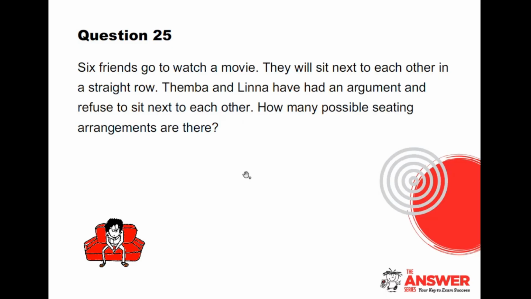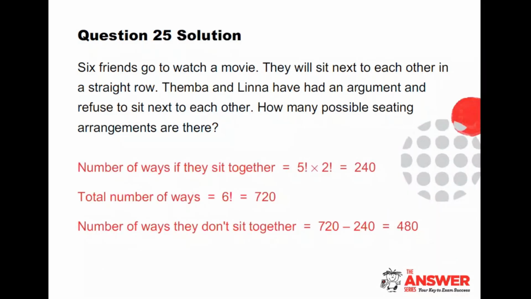Okay, it would be pretty impossible to try and work out how many arrangements if they flatly refuse to sit next to each other. So what we do is we work out how many ways they can sit next to each other and subtract it from the number of ways they can all sit at random. So the number of ways if they sit together: you think of Temba and Lena as one group. Then it's another 4 friends. So Temba and Lena is one group, 4 other friends.